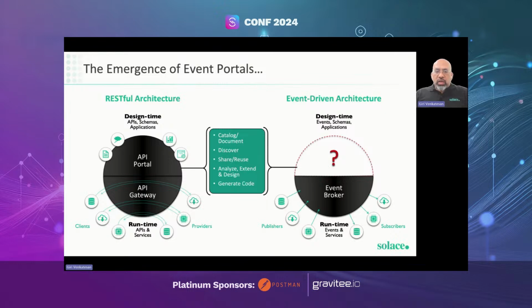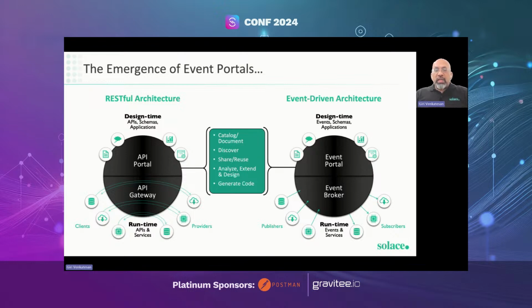This is where Event Portal comes into the picture. It offers functionality similar to an API portal, but works with events, schemas, and applications, offering similar capabilities: a catalog of events, discoverability of events in your enterprise, and share and reuse of events, analyze, extend, and compose new events from existing ones.